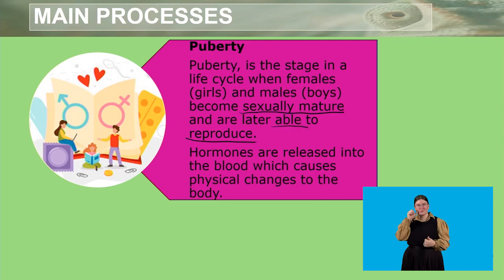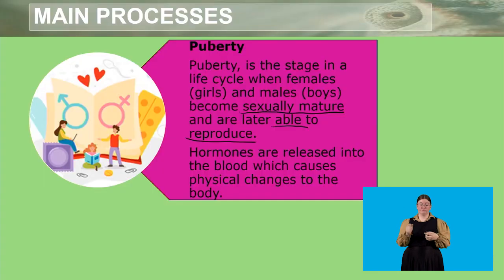That is because now you have become an adult, and in your reproduction of offspring, your offspring will also be able to go through the stage of puberty, develop secondary sexual characteristics, become sexually mature to reproduce, and they will also be able to produce their offspring. And that is how the cycle of humans continues.